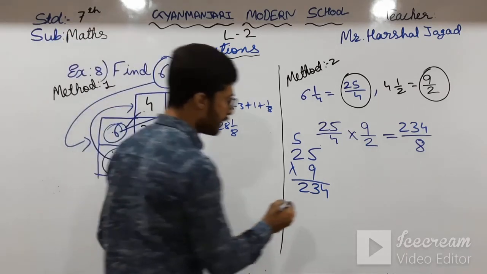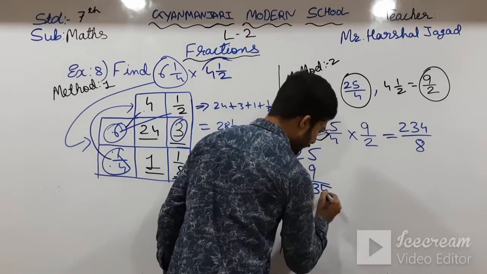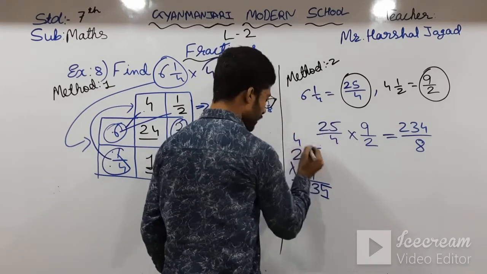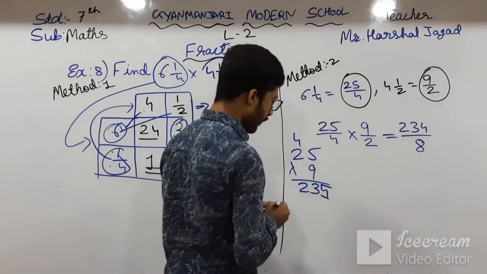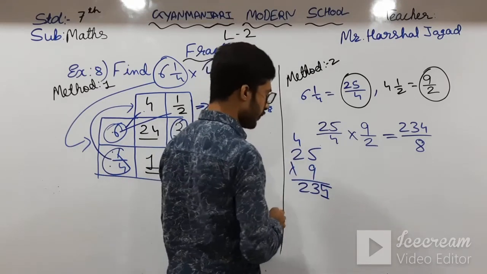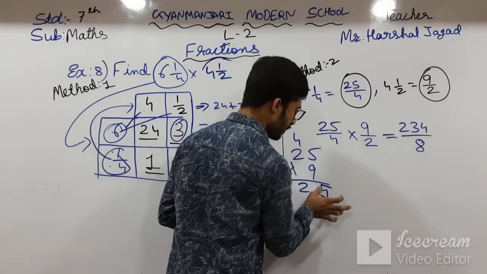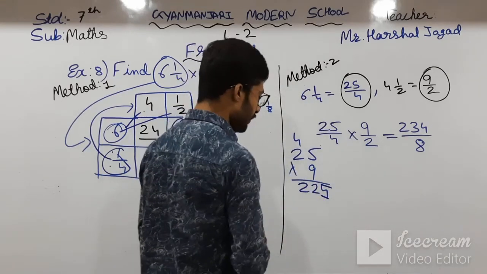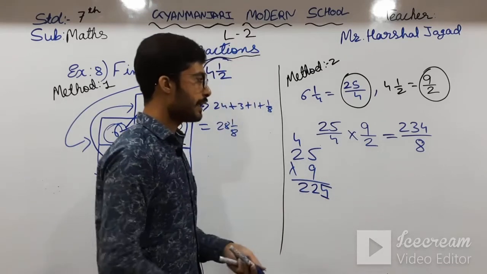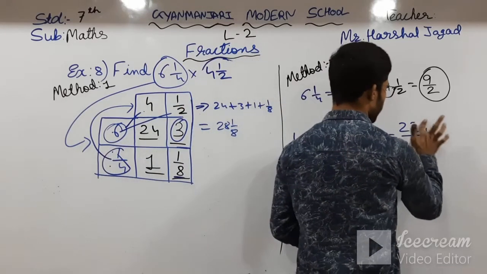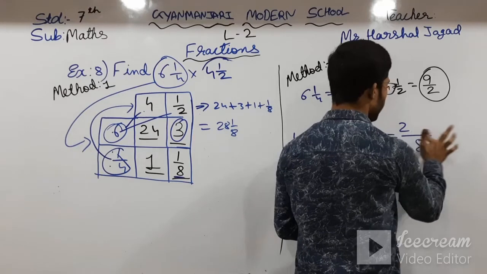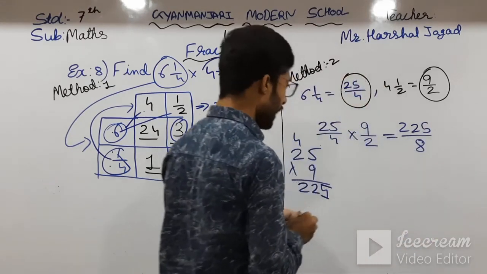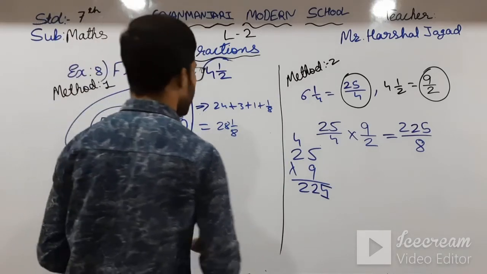Sorry, here comes the 45 and here comes the 4. So it comes 225. Here comes 225. Now we will divide this by 8.